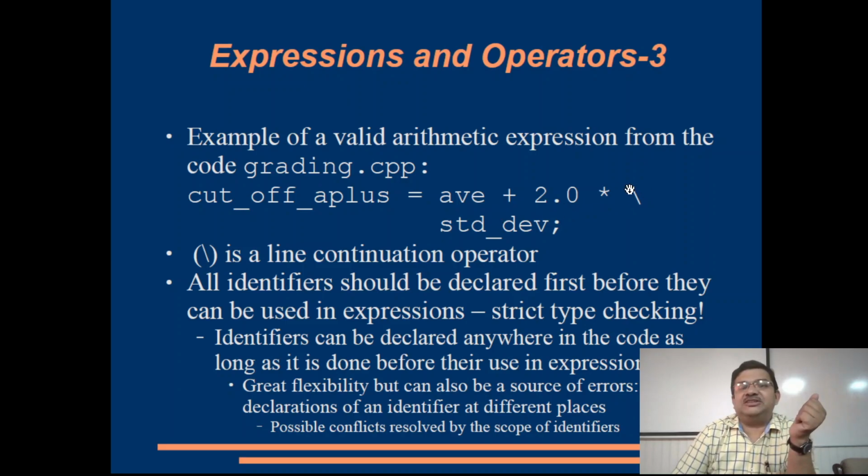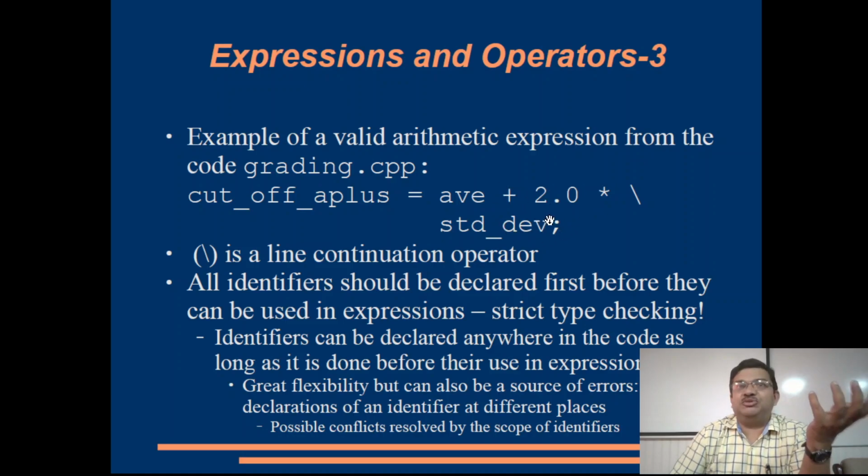The compiler would just replace this slash with whatever it finds in the next continuing line, right? So this identifier contains a certain number that would be the class average score of the entire class, and then to the average we will add twice the standard deviation.